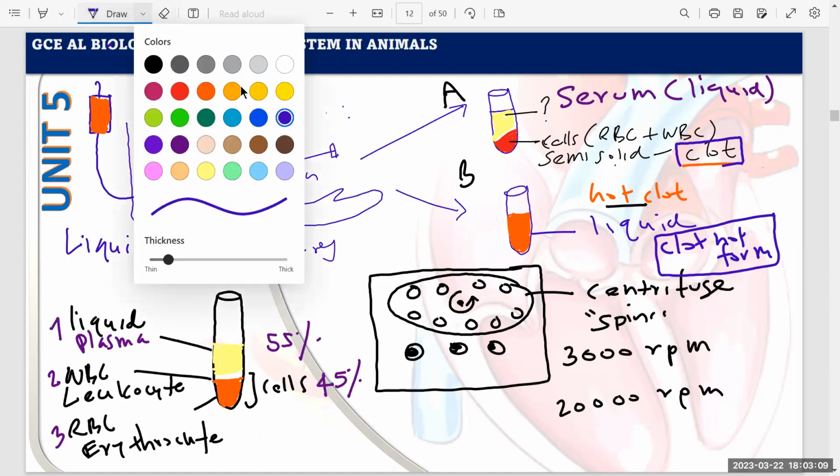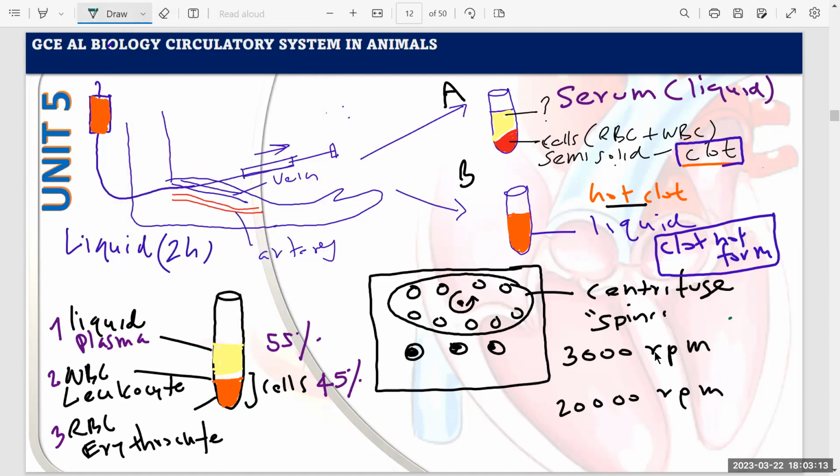They add chemicals not to clot. When a doctor is taking blood, most of the time, some chemicals are added so that it does not clot.